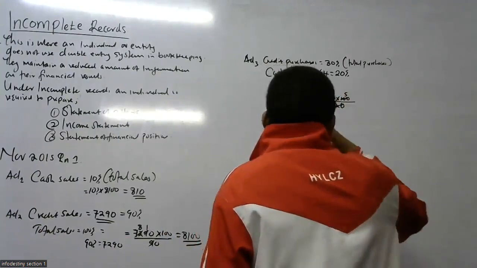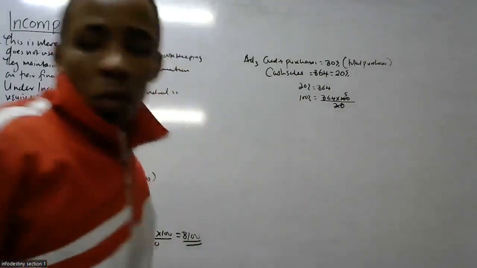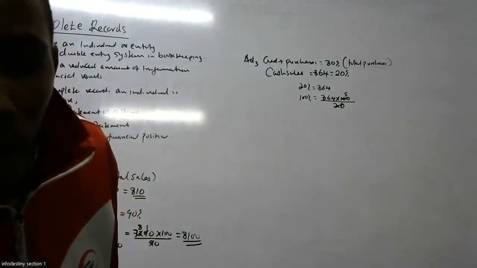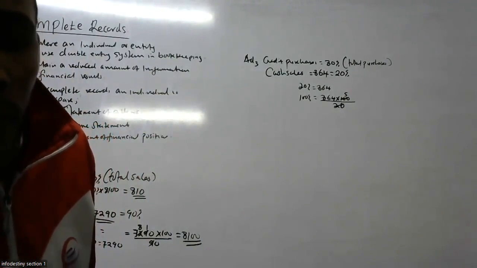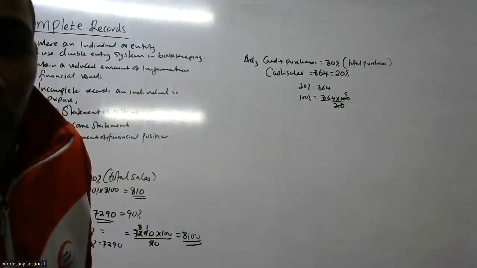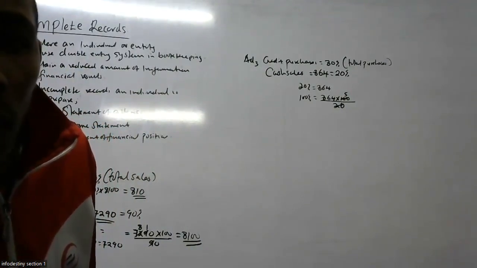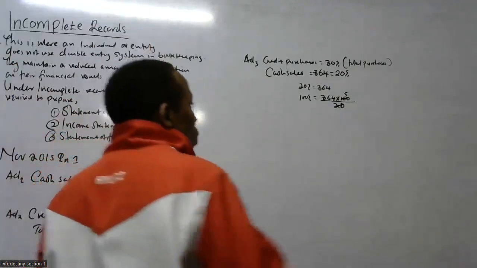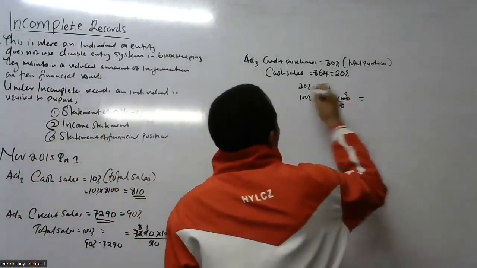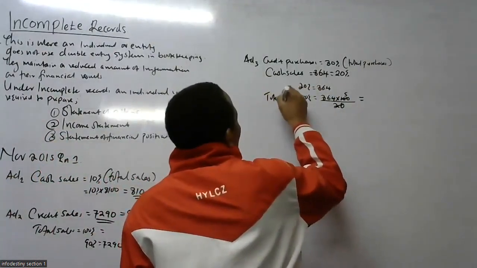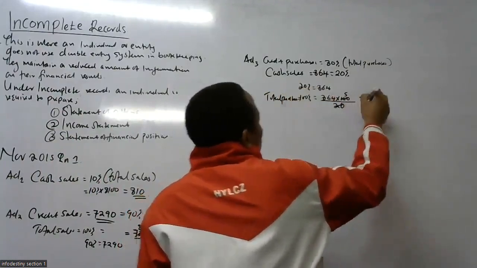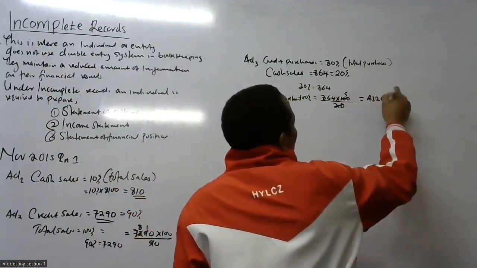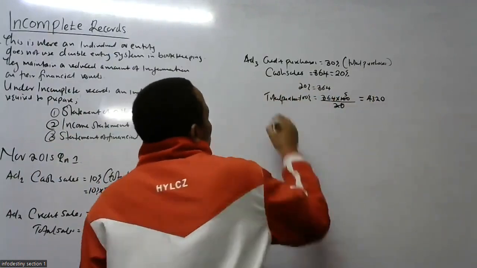So 864 we multiply by 5. So the total purchases, not total sales but total purchases, equal 4320.